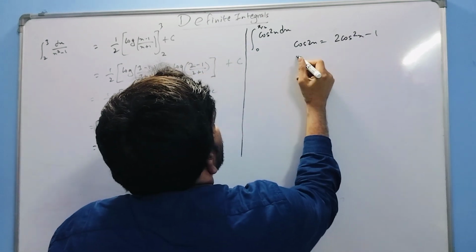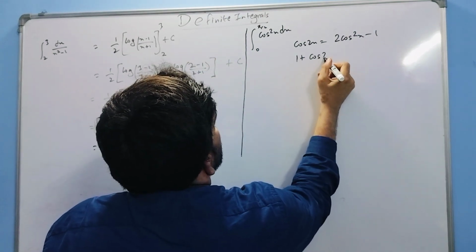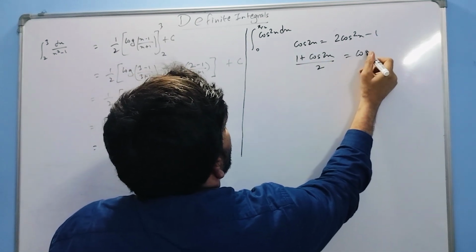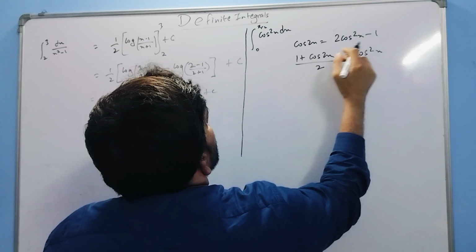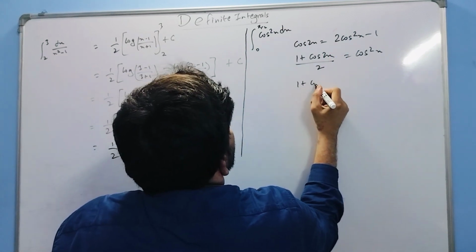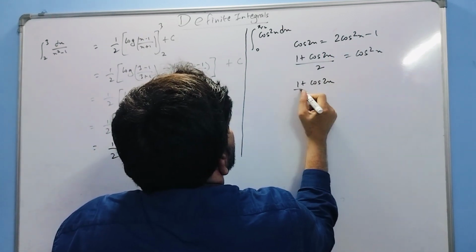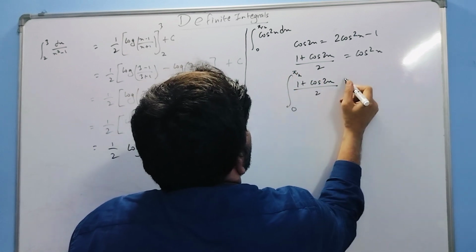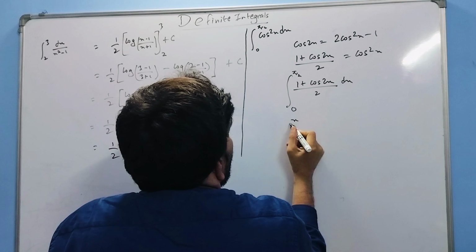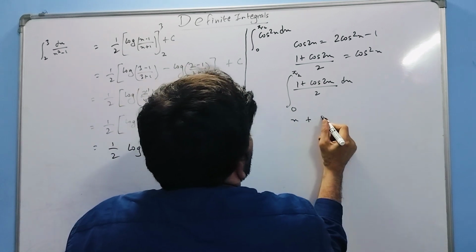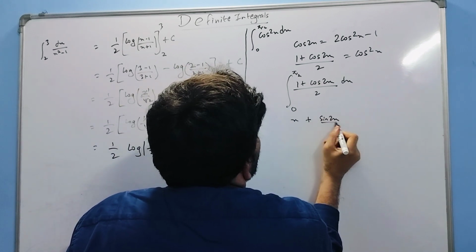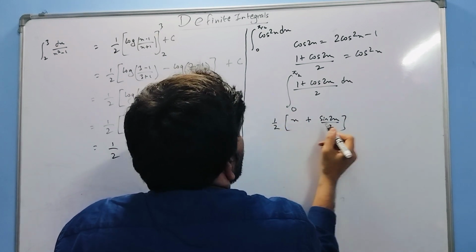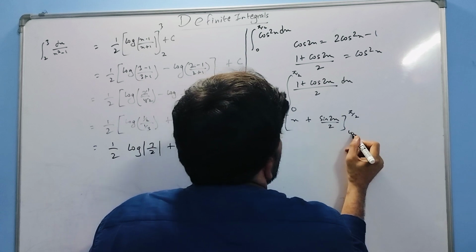So I can write the cos square x value as 1 plus cos 2x by 2, and we'll try to integrate. So I got x plus sine 2x by 2, with half outside.